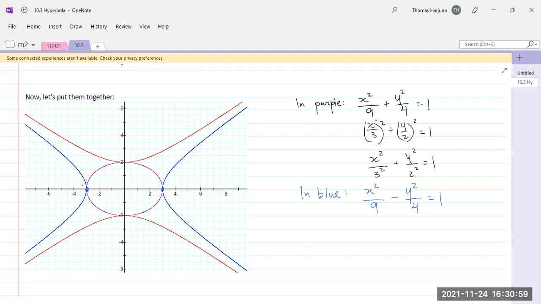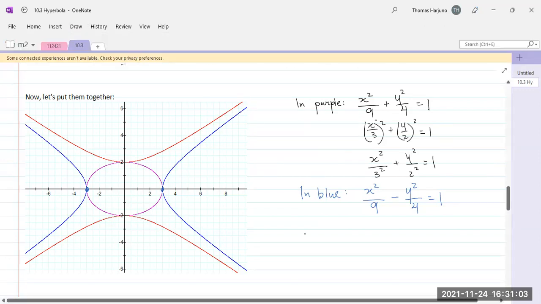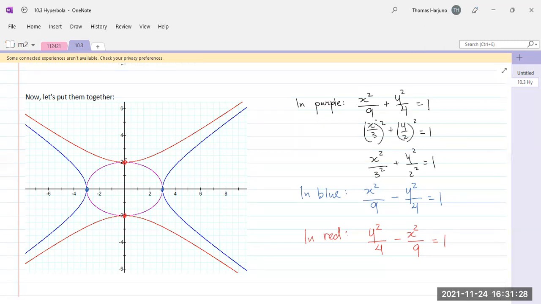Okay, and the one in red, as you expect, is y squared over 4 minus x squared over 9 equals 1. Now the vertices of the hyperbola coincide with the vertices of the ellipse, the ones on the top and the bottom.